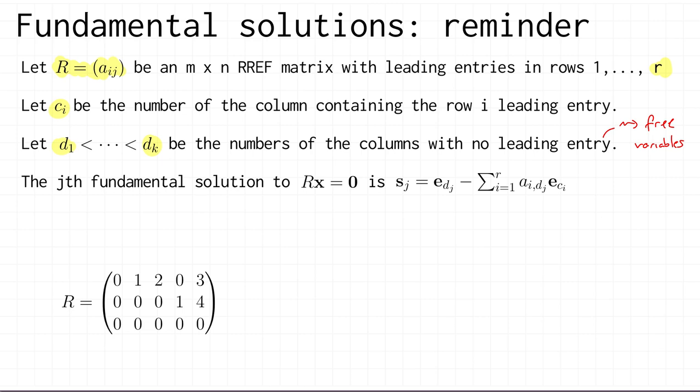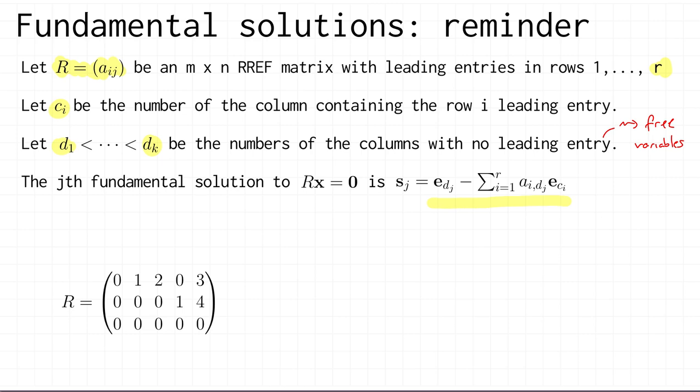And it turned out that what that gave you for your jth fundamental solution, obtained by putting the jth free variable equal to 1 and the rest equal to 0, it had this expression just here. So we called our jth fundamental solution Sj, and it had this slightly nasty looking summation expression.